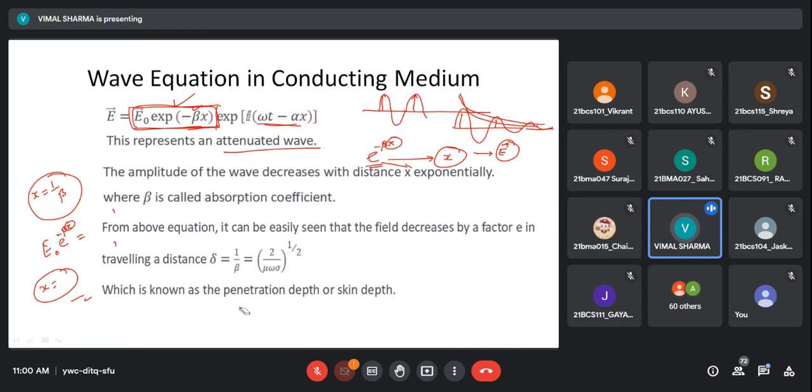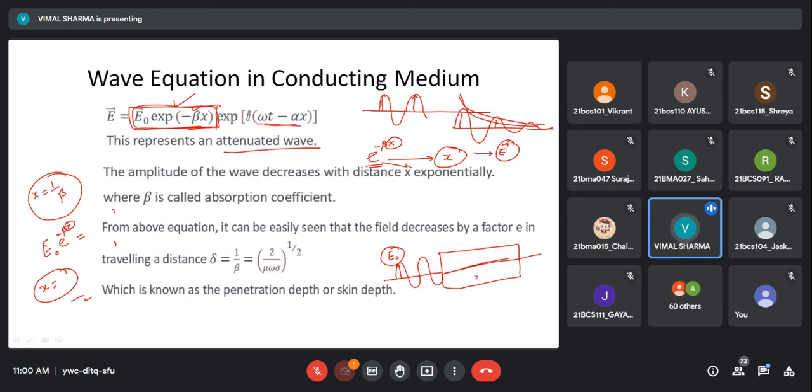And this is called the penetration depth or skin depth. It means that if we have an electromagnetic wave, and this is my conducting medium, the electromagnetic wave outside this conducting medium has amplitude E naught.